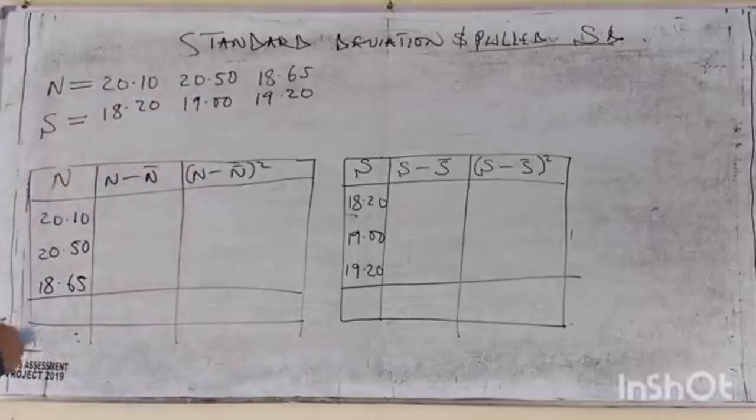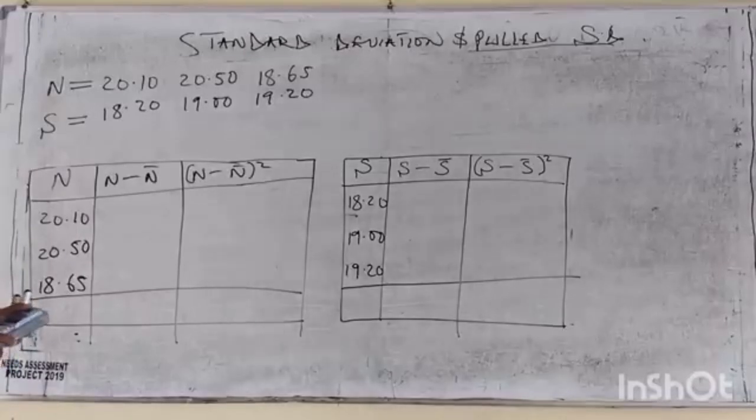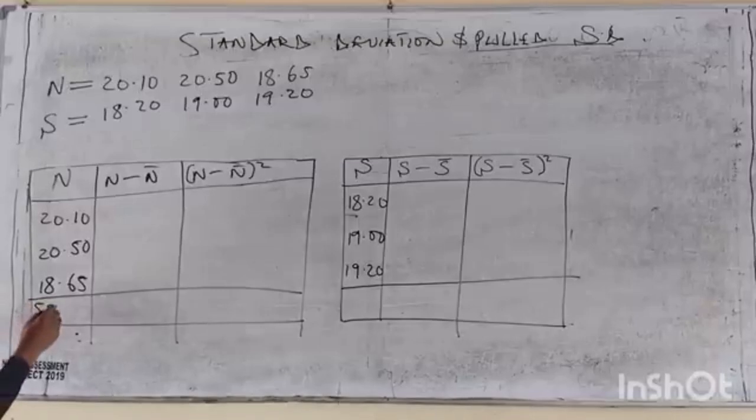So let's find the mean by summing up. 20.10 plus 20.50 plus 18.65 gives us 59.25.